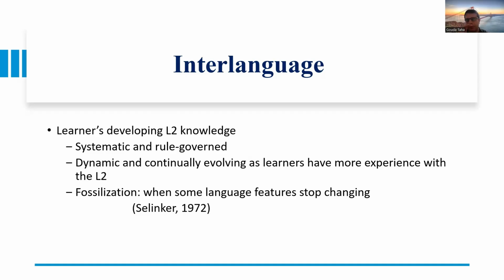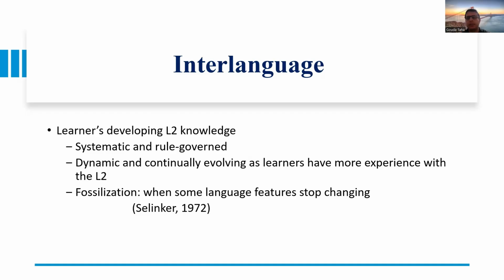So let's say, for example, I spent 10 years in Italy, and after 10 years, I am not yet able to get the accent, or I'm still making some errors when it comes to conjugating the verbs in Italian. So that's the idea of fossilization. And there is also another reason for that.